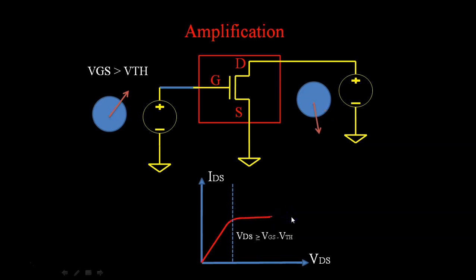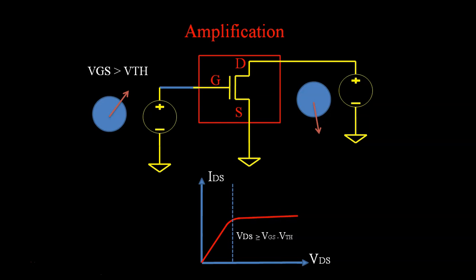For any voltage VDS greater than VGS minus VT, anything above this point, there is no increase in current. The current is almost constant. So what does this mean? If VDS is increased beyond a certain point, the current is constant.